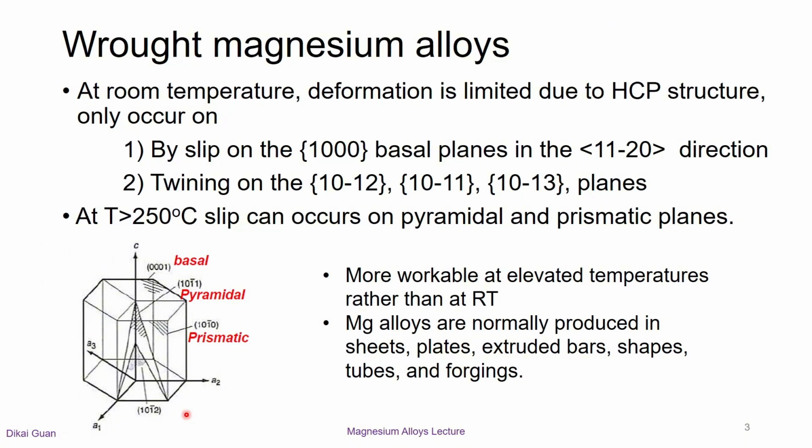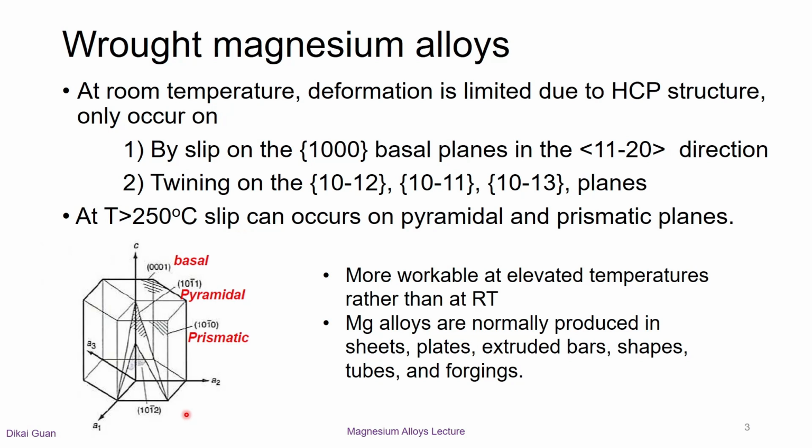If the grains are in a twinning preferred orientation, twinning can occur, including {10-12} tension twinning and {10-11} and {10-13} compression twinning. But at high temperature, around 250 degrees Celsius, pyramidal and prismatic slip systems can be activated.